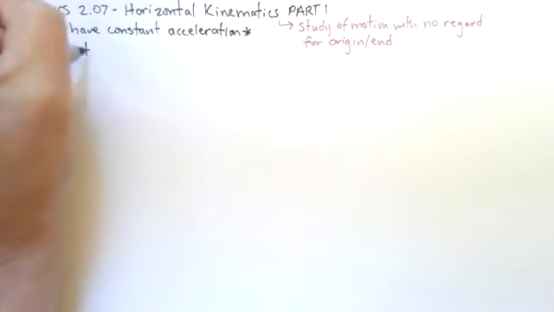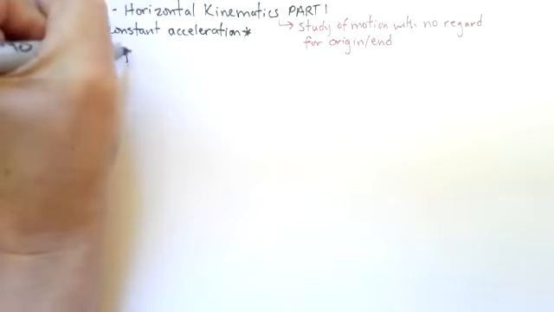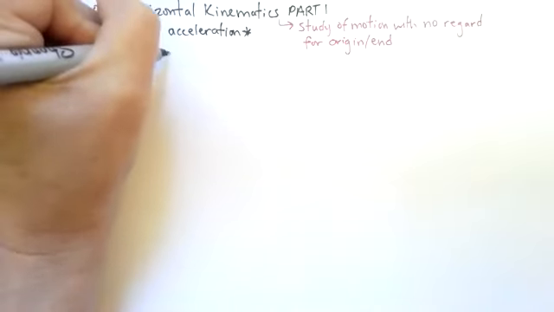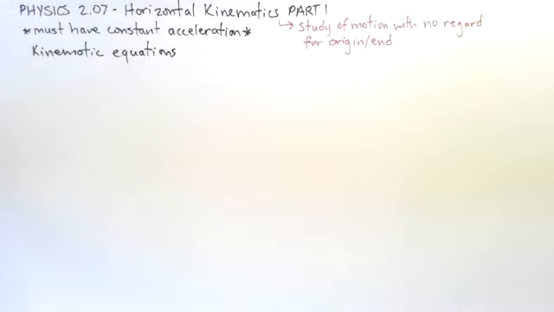There are four, we call them kinematic equations. And these really are foundational. They let us study 5 different variables: time, initial velocity, final velocity, acceleration, and displacement. So we've been talking about these individually.